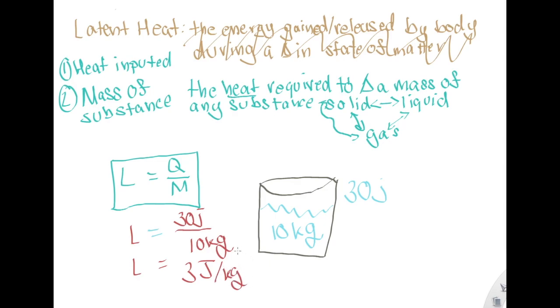And what this means is that we require 3 joules per kilogram to convert 1 kilogram of this water into either a solid or into a liquid. So that's what we're going to cover about latent heat of transformation.